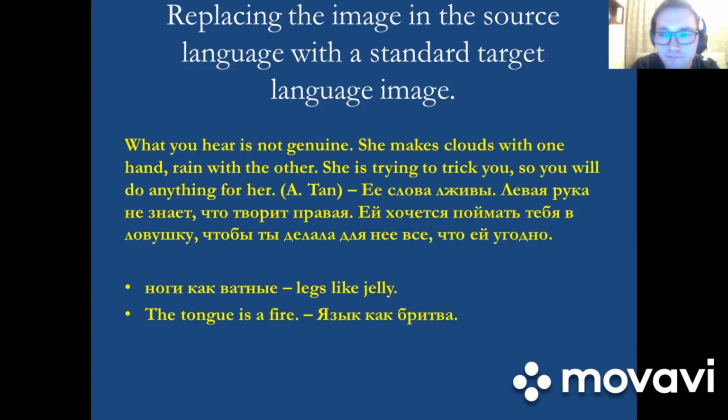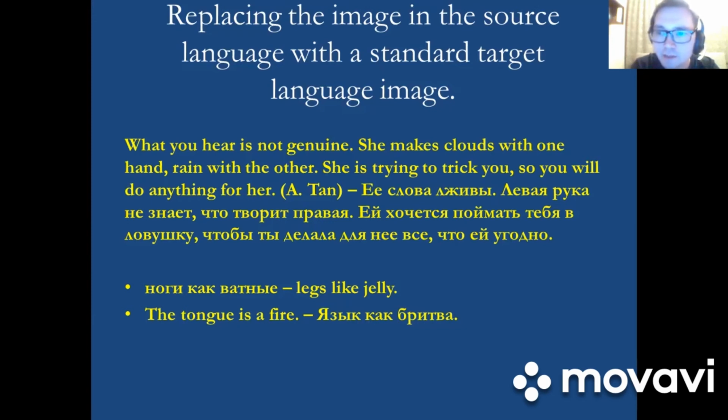The tongue is a fire, язык как бритва. So in the original, the tongue is compared to fire, and in its translation in Russian, it is compared to a razor, right? We can see that different images are used.